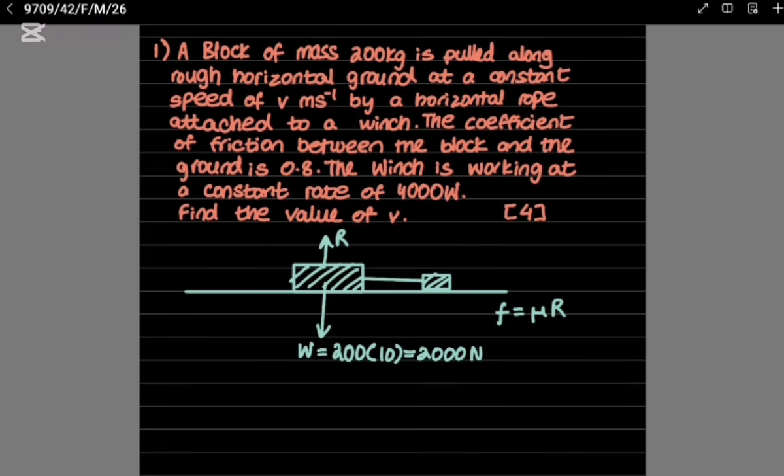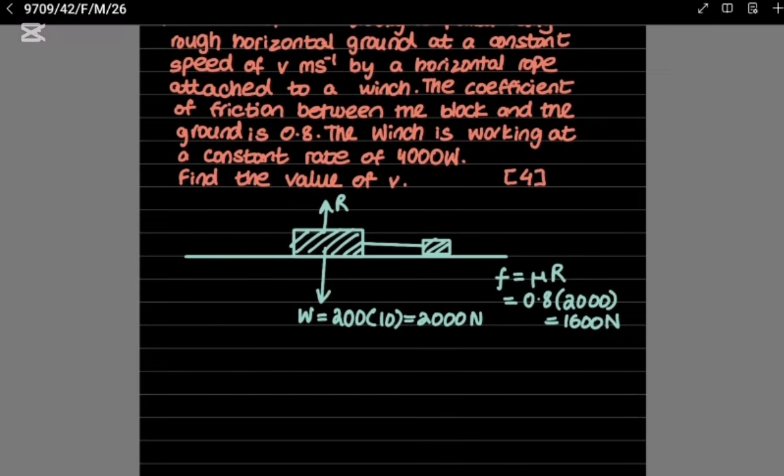It isn't moving up or down, it is just moving horizontally. So the net resultant force in the y direction is 0, which implies that the upward force is equal to the downward force, so it's just 2000. The coefficient of friction is 0.8 times 2000, which is equal to 1600 newtons. So the friction acts over here, small f, which is 1600 newtons.